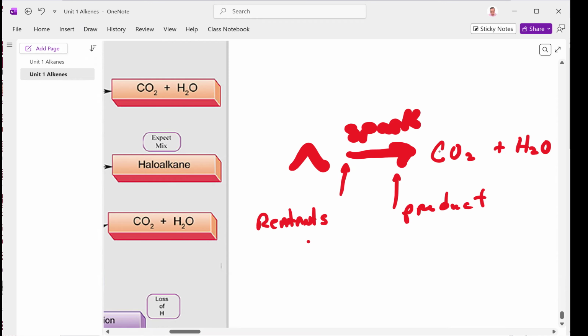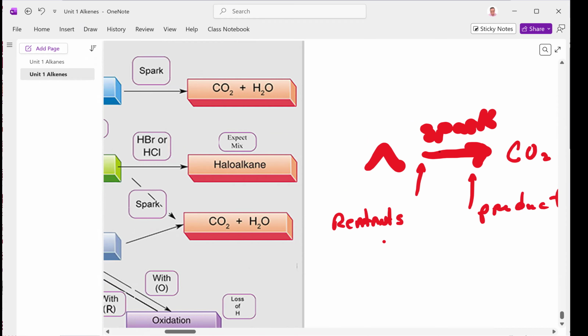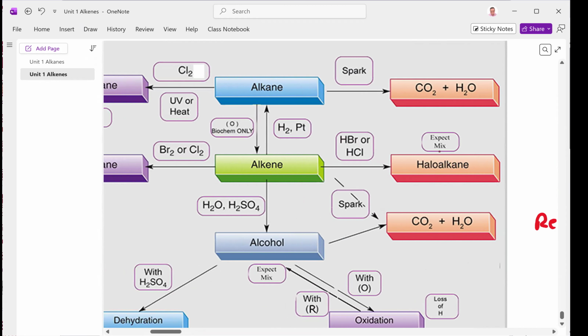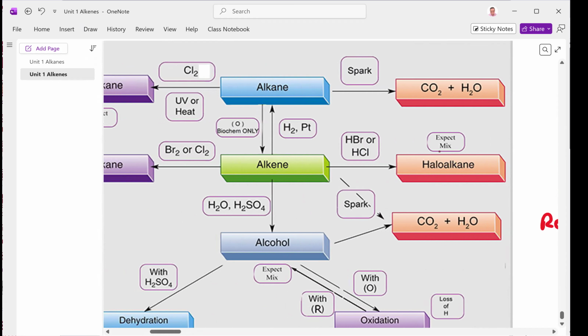So the arrowhead, products, tail, reactants. That's how to interpret this flowchart. So if we want to make an alkane, we have to find an alkane that has an arrow on it. Like that.